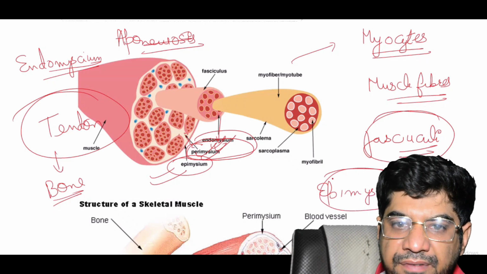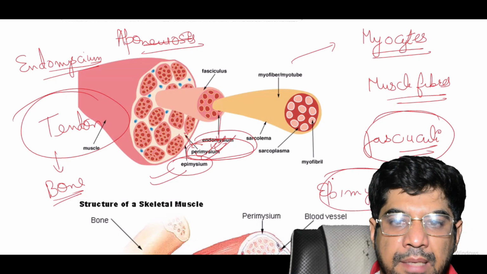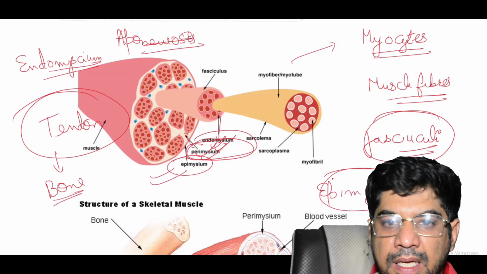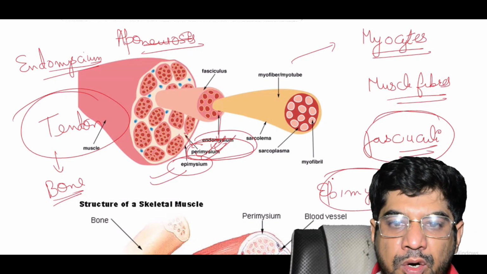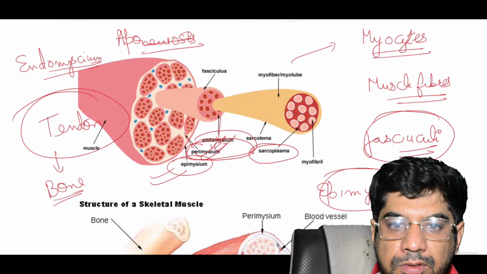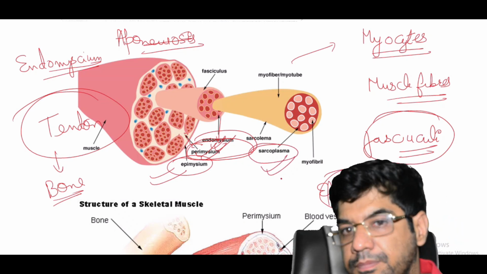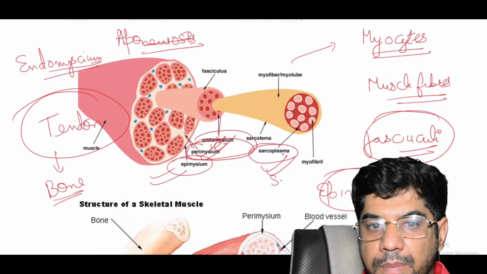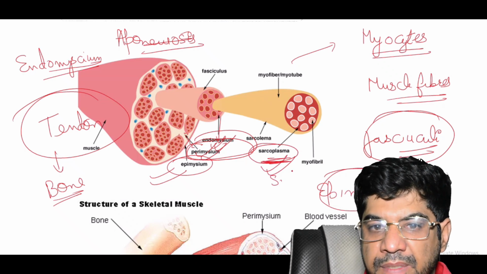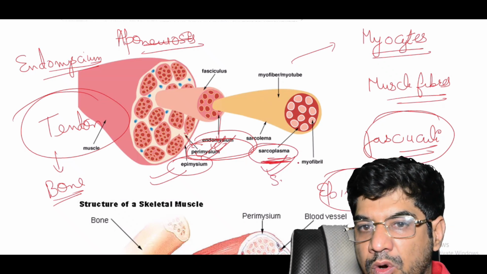So each muscle fiber is enclosed by a cell membrane called the plasma membrane that lies beneath the endomysium. This membrane is known as sarcolemma. And the cytoplasm of the muscle fiber is the sarcoplasm.